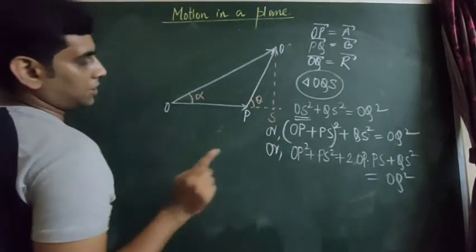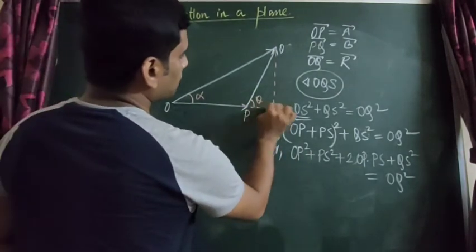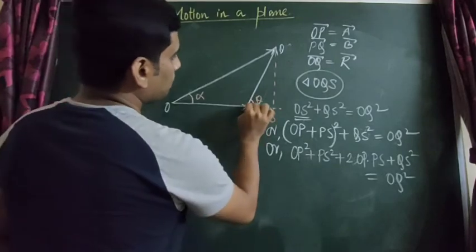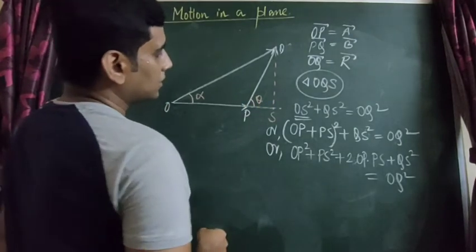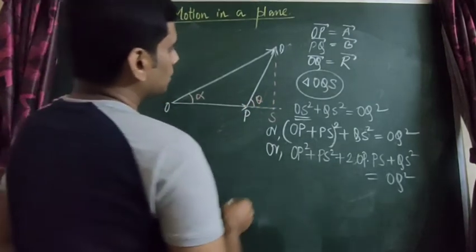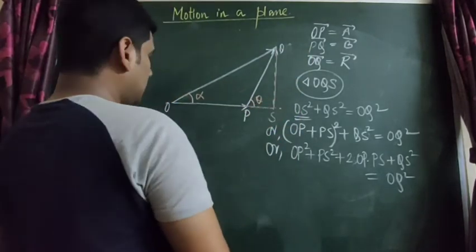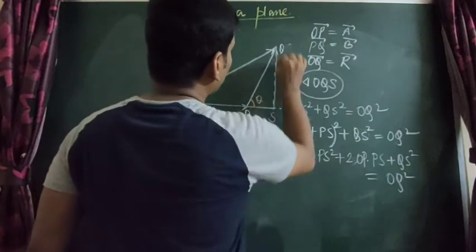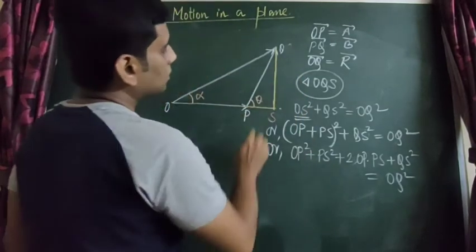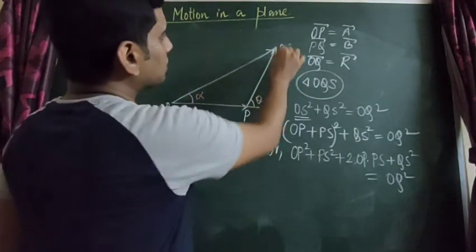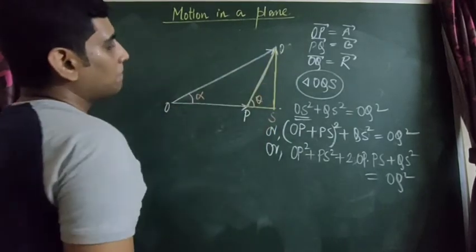From this, now you see what is PS. The value of PS I can get from this triangle. PS square plus QS square is equal to PQ square.